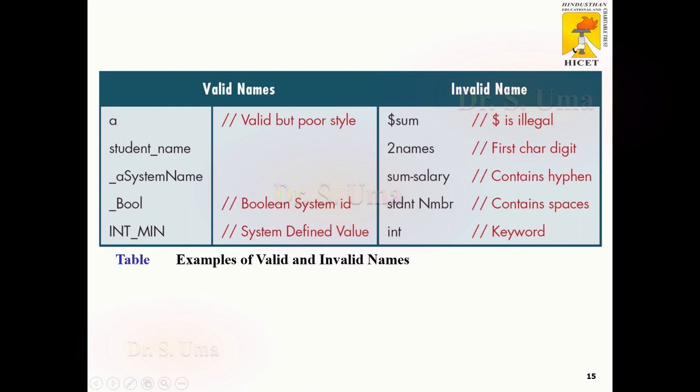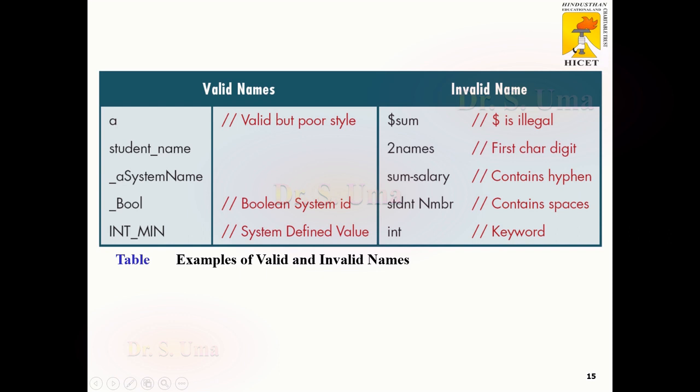So here the leftmost column indicates a set of names that are considered to be valid, and here we have a set of values indicated in the last column, which are considered to be invalid due to the reasons that are mentioned over here. $sum: here we have the dollar symbol coming as the first character in the name, so it is considered to be invalid.